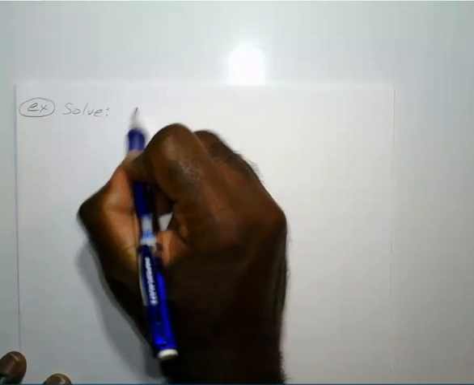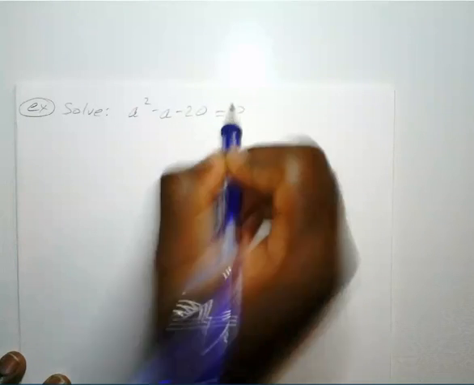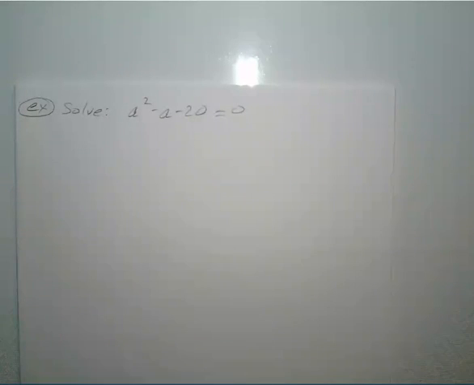Okay, so for example, let's say we wanted to solve a squared minus a minus 20 equals 0. Now, the previous examples were factored for us already.